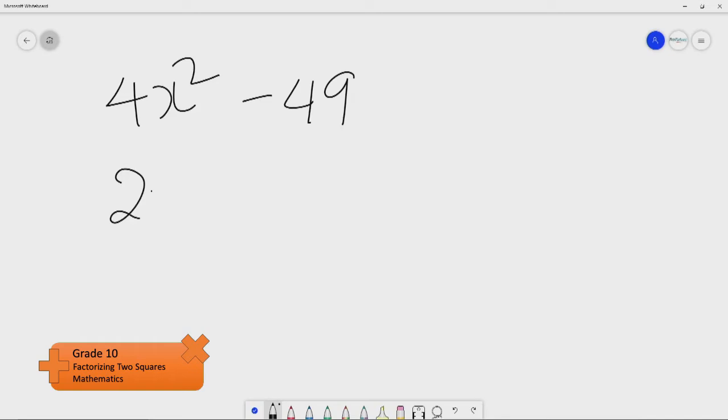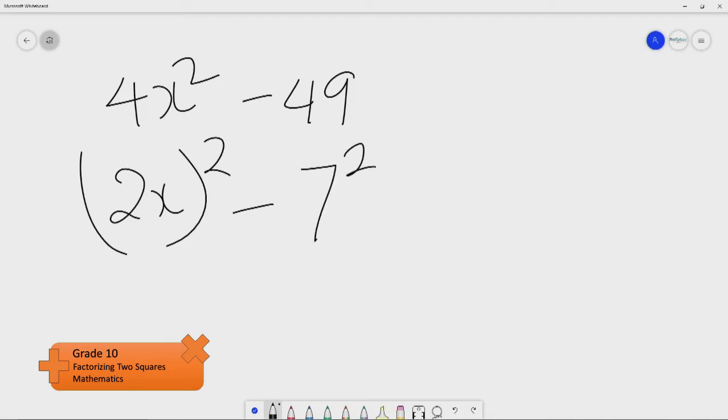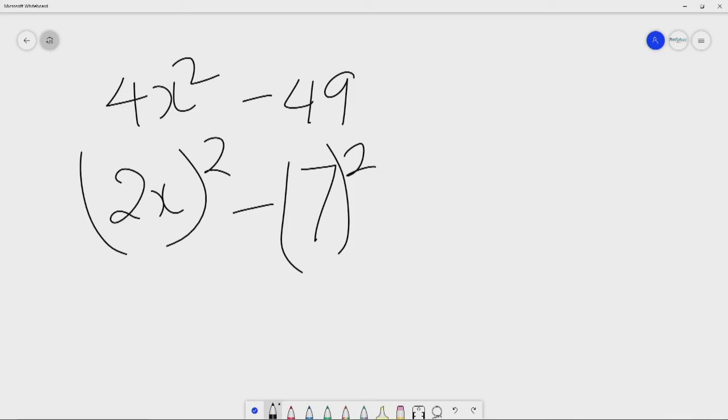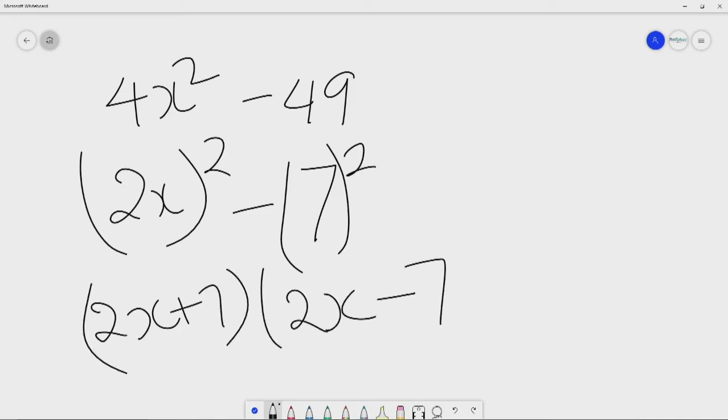So we have 2x squared minus, and what number do you think when we multiply it by itself, we can get 49? Yes, 7 is correct. So when 7 is multiplied by itself, we will get 49. So we are going to rewrite this using the factorization method, which will produce for us a pair of binomials. So we're going to have 2x plus 7 into 2x minus 7.